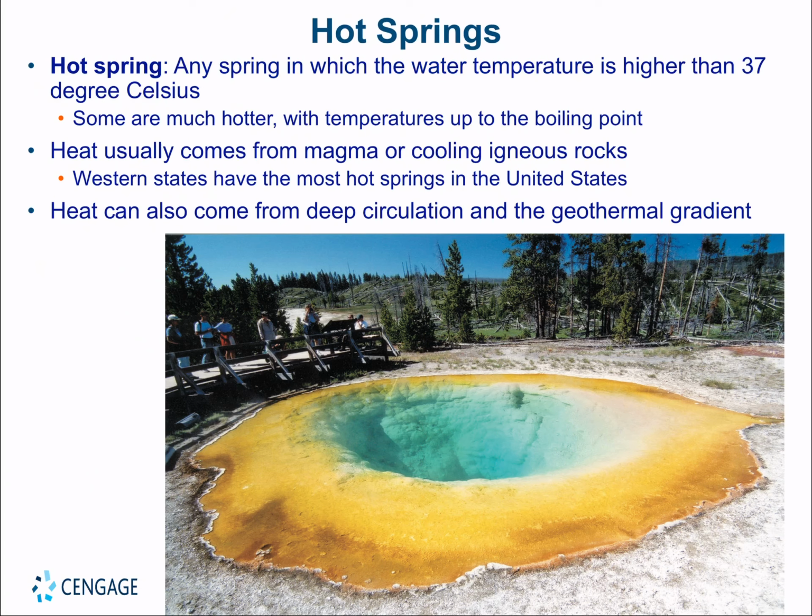It is fringed by the multicolored mats of heat-loving cyanobacteria and algae mats. That's what gives it the different colors. Hot springs you might be familiar with are those in Arkansas, and those are the result of water flowing over those hot igneous rocks.